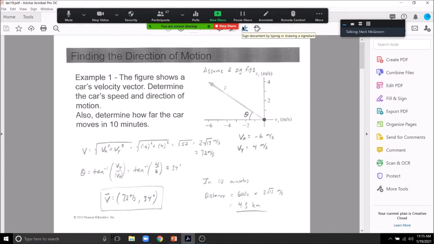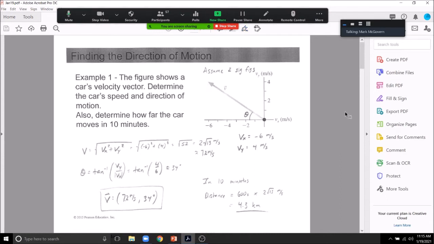I strongly recommend do not. I mean, there's only one situation I can even think of in all of the physics classes we have here where you'd actually want to use an angle that's not acute. Otherwise, I don't recommend you do that. It just leads to a lot of problems.